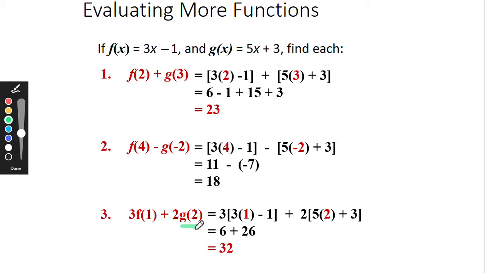Whatever you get, you multiply that by 2. Now, the final number that you get after you have worked on this part, and the final number that you get after you have worked on this part, when you add those two final numbers, you are going to get 32.